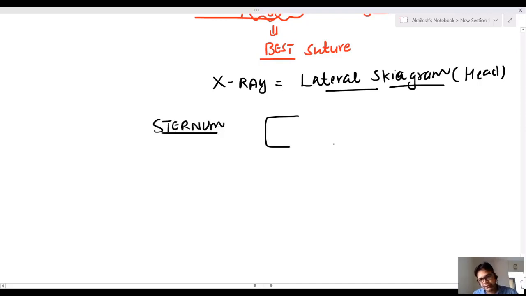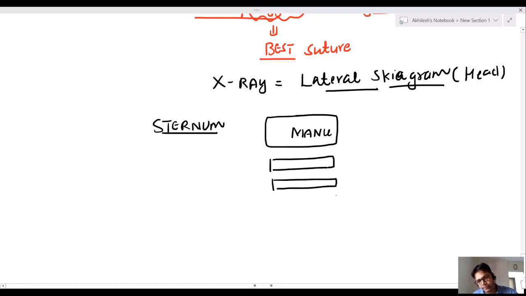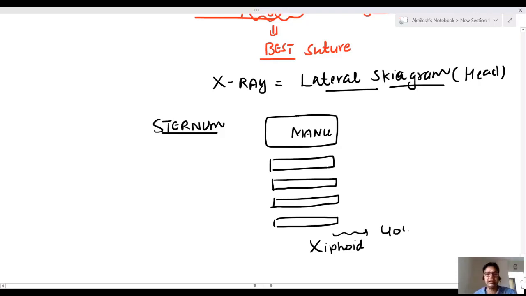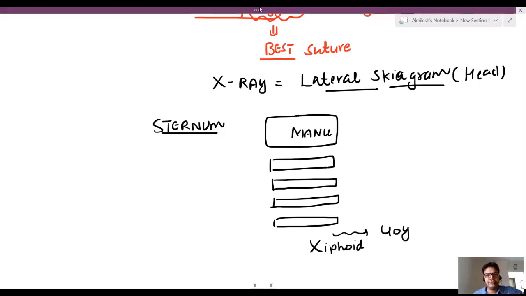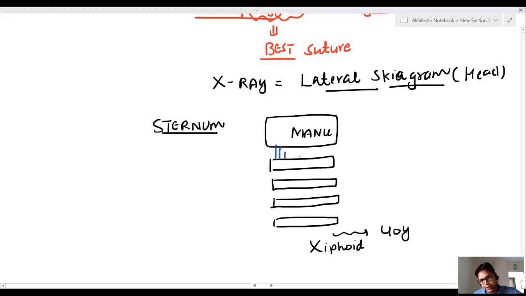The sternum has the first part, manubrium. Then we have 4 pieces, 1, 2, 3, 4. Then we have the xiphoid. Xiphoid fuses, I already told you, at 40 years. Manubrium generally fuses at old age.